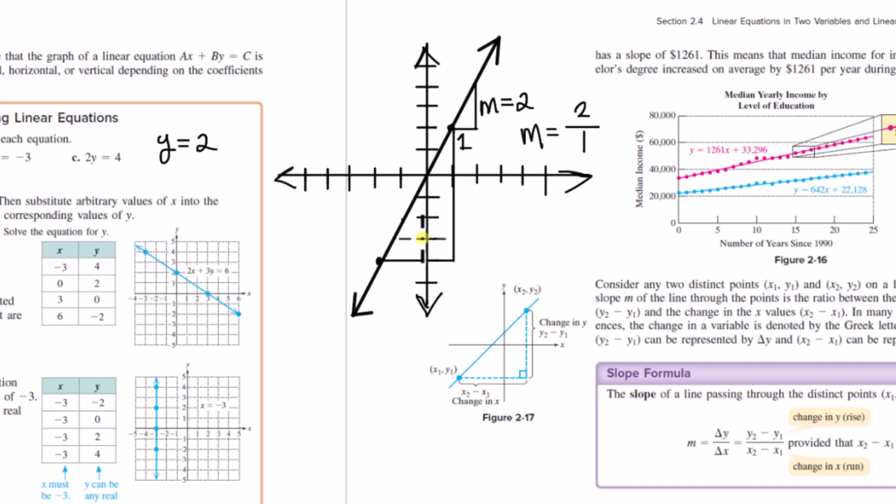That ends up being 1, 2, 3, 4, 5, 6. And so we could determine the slope by just dividing how many units were moved in the vertical direction per how many were moved in the horizontal direction. 2. Same slope.